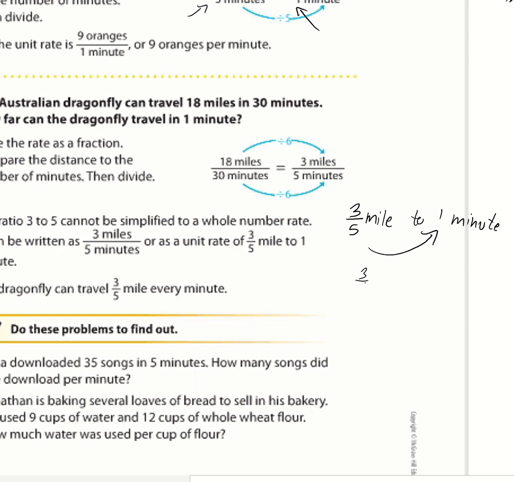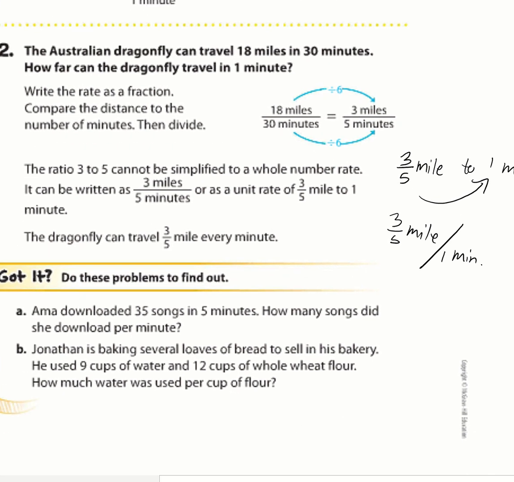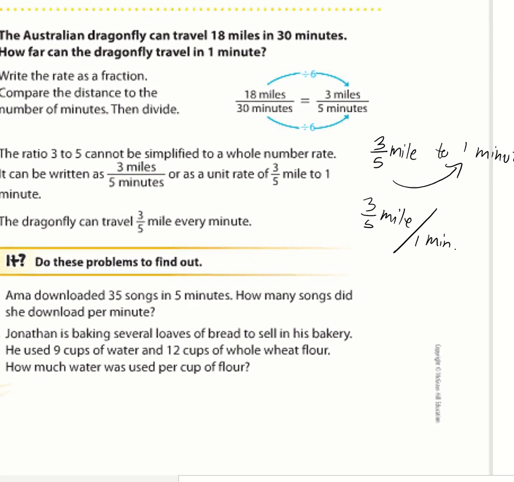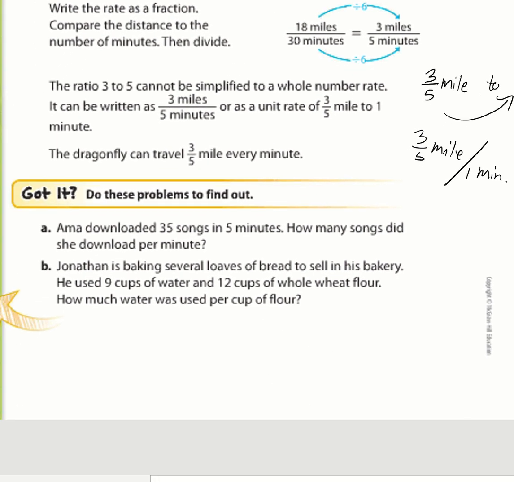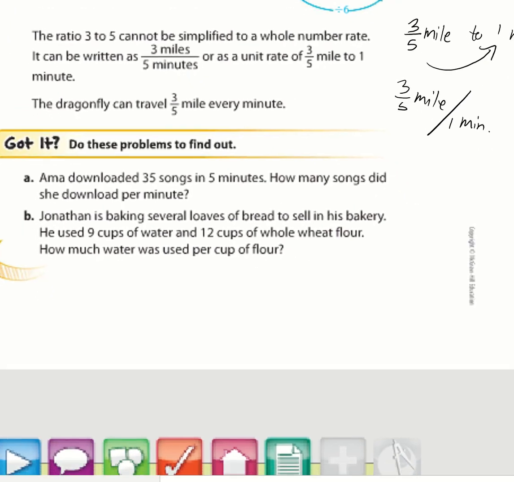So it's 3/5 of a mile per minute. 3/5 of a mile, and then you do another fraction per minute. And that's how you get the denominator of 1. Is the whole 3/5 is going to be the numerator. And we normally don't put fractions in numerators because it kind of confuses us. So go ahead and try the got it, and I'll be back with you shortly.